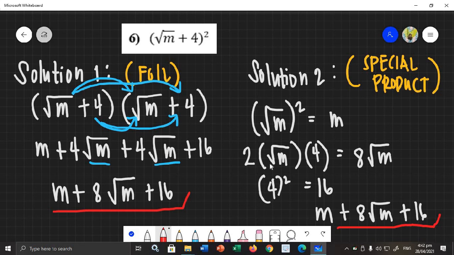If you know the steps on how to get the product in the shortest way possible, then mas better. Pero kung hindi niyo natatandaan yung special product, and you need to use the FOIL method, then it's fine. You will just get the same answer. So that's it. That is how you find the product of radicals.